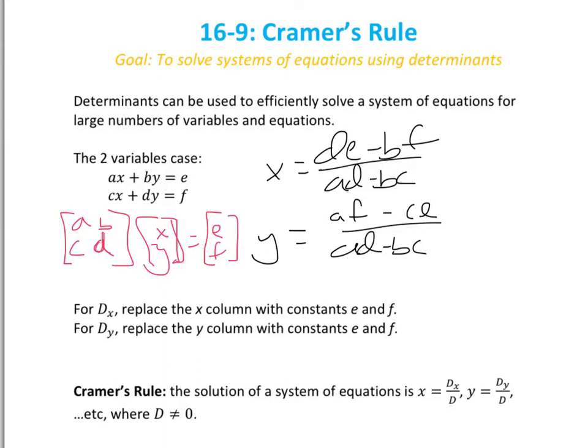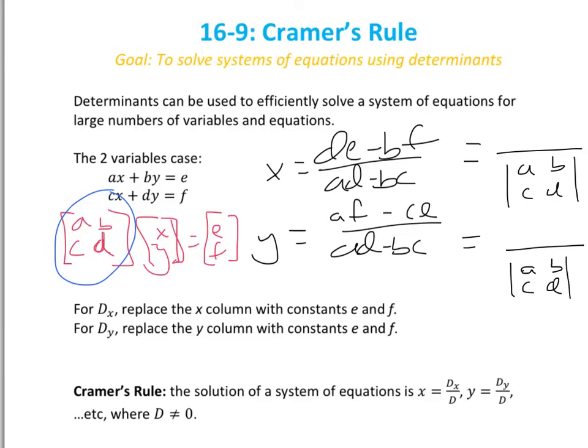When you do the matrix equation, that's what it looks like. Now, what's the determinant of this matrix? ad minus bc. So this thing at the bottom there, we're going to call matrix D. It's the determinant of the matrix abcd. Okay, same for this one.